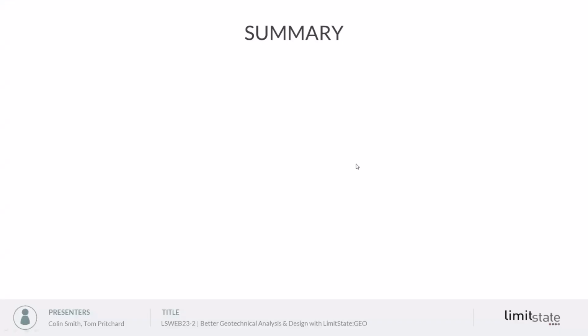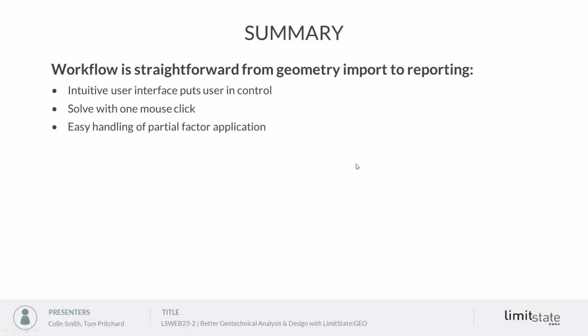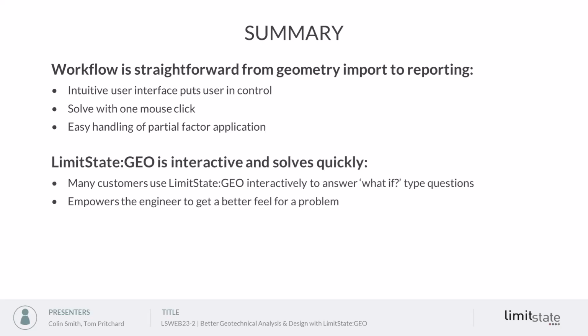So just to summarize, hopefully you've seen that using the software, workflow is straightforward from geometry import to reporting. It's got a very intuitive user interface, puts you in control. You can solve with one mouse click, and it's easy to handle partial factor application. It's quite interactive. It solves quickly, so you can use it to answer what-if type questions, and empowers you to basically get a better feel for the problem.